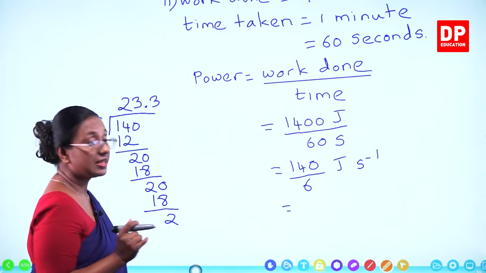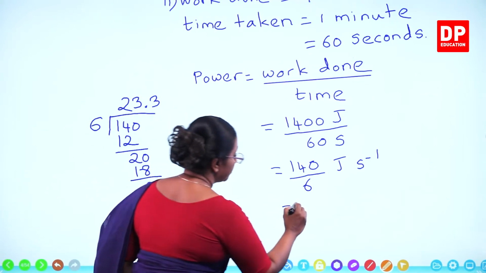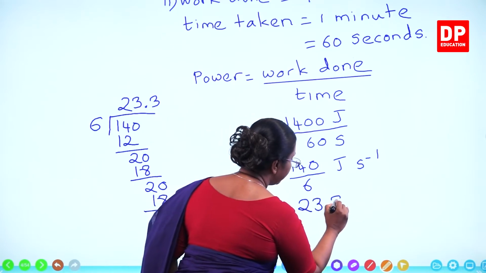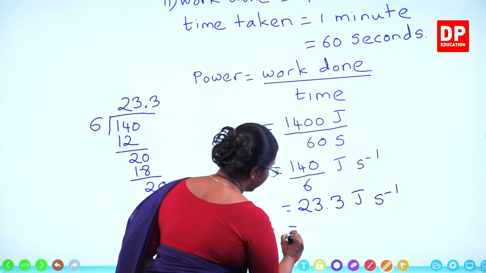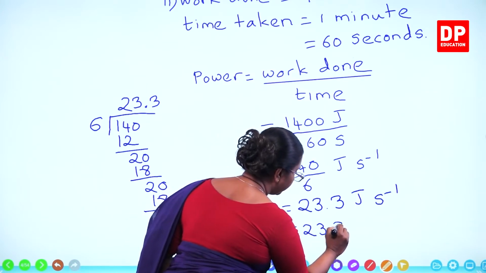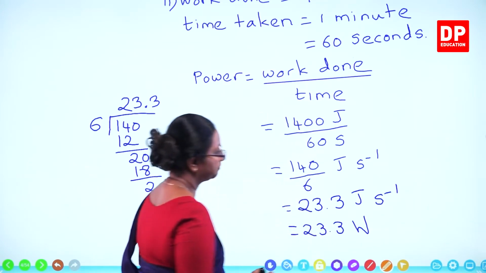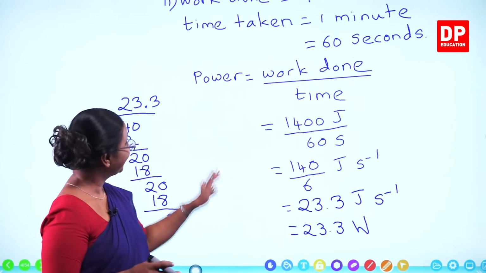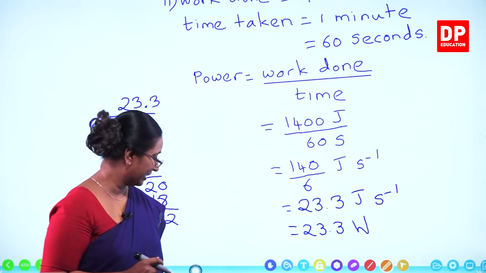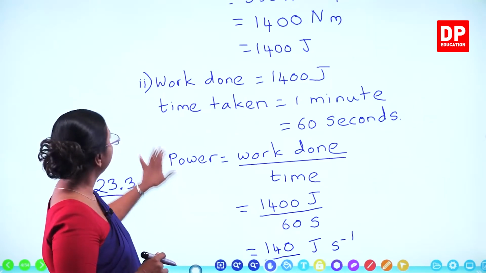So I will take it as 23.3. So here it is going to be 23.3 joule per second. That will be 23.3 watts. That is the power of the child. I am sure you all have done this calculation correctly. So if you go up and check again.